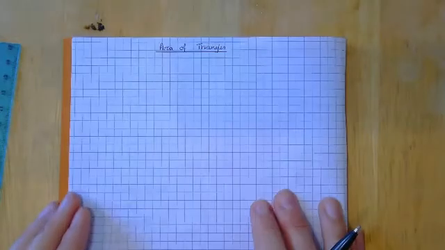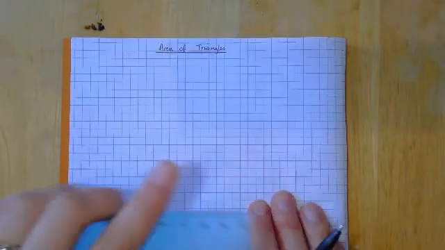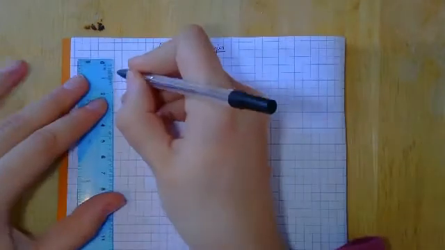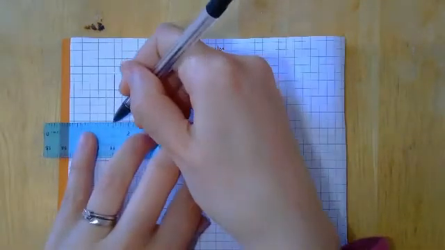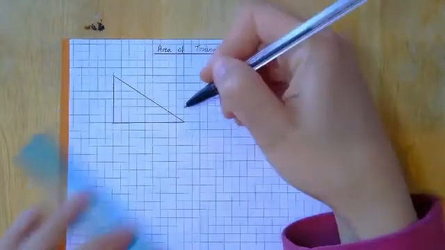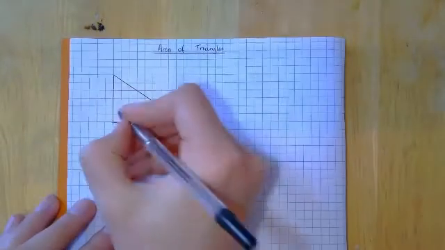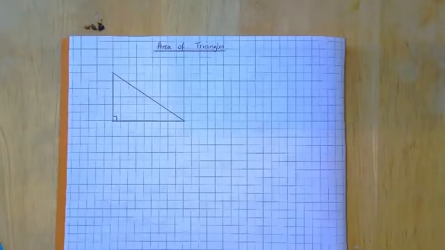So, area of triangles. Let's start by drawing a right angle triangle, something that looks like that. Let's put our little right angle signal there so that we know it's a right angle triangle.